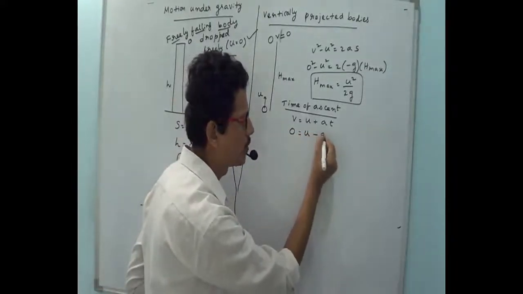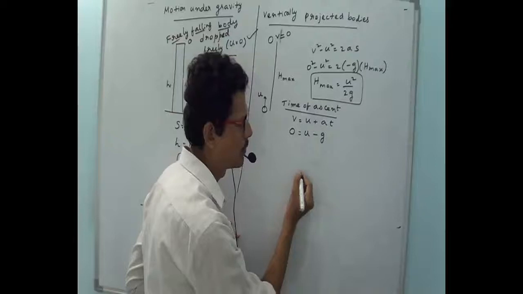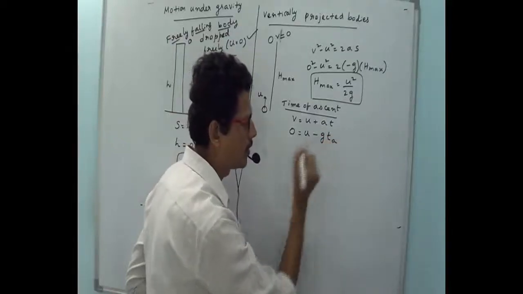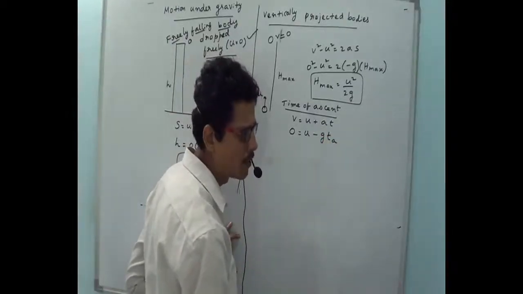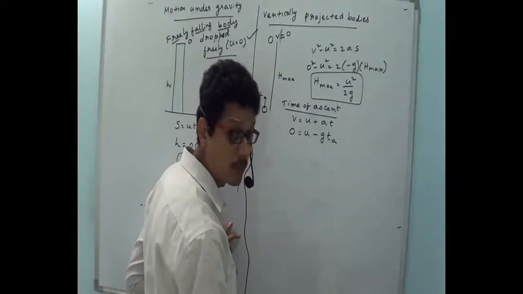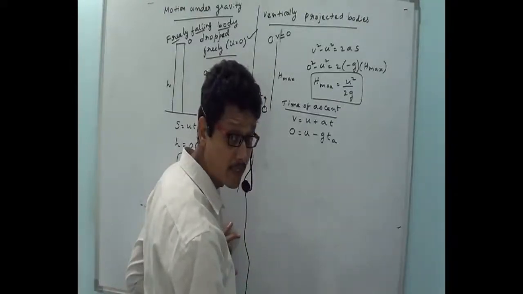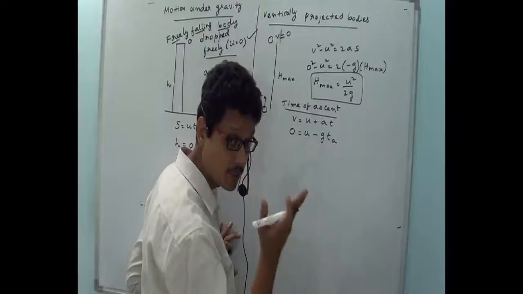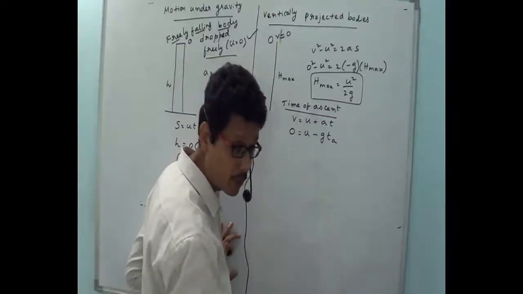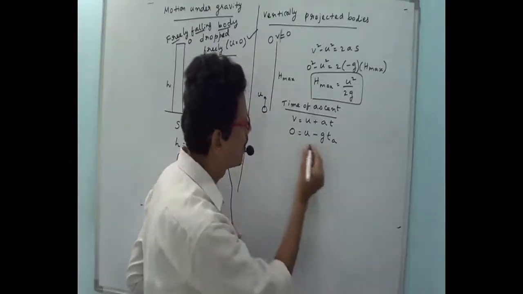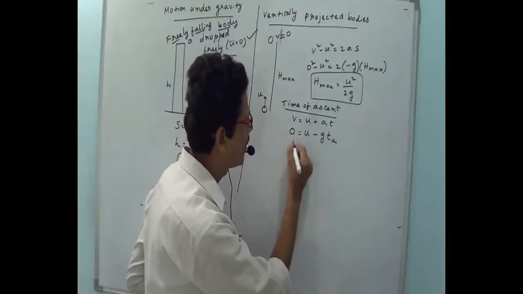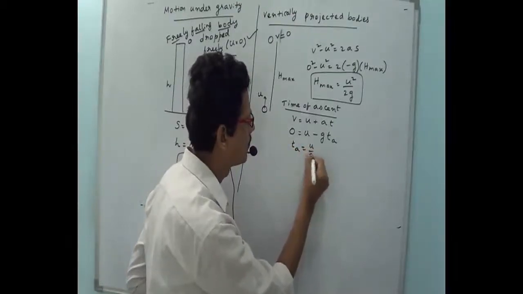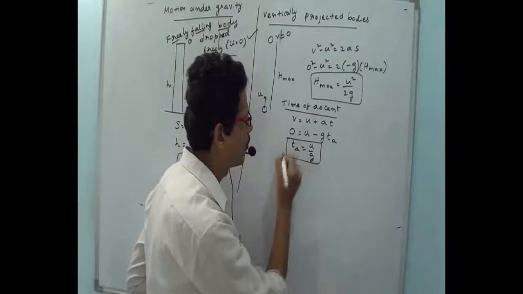And what is a? a is minus g. And t I will write it as TA, time of ascent. Upward journey. Ascent means upward journey. Descent means downward journey. And TA I will get it as u by g. Time of ascent.